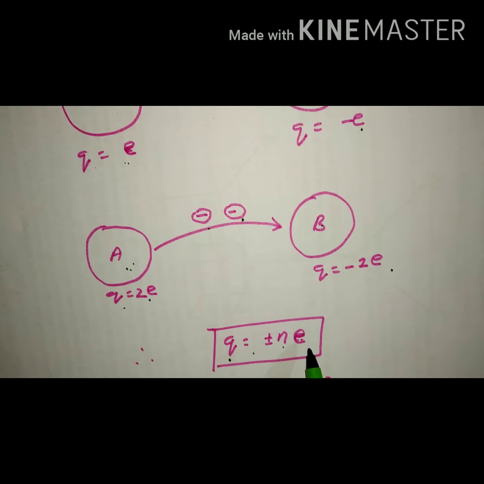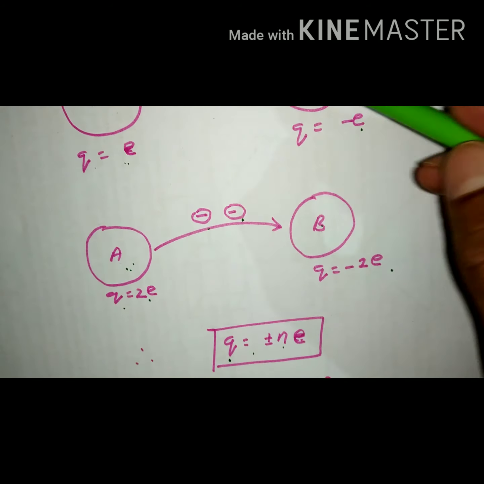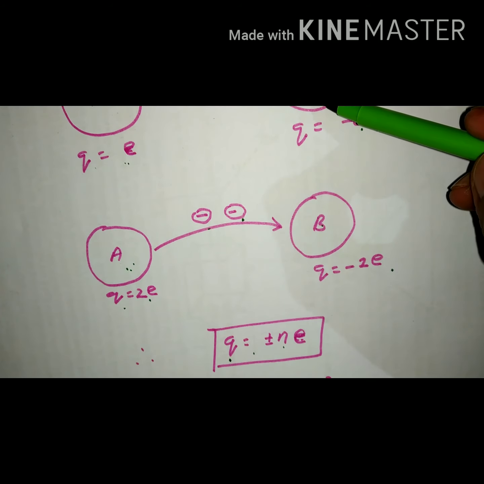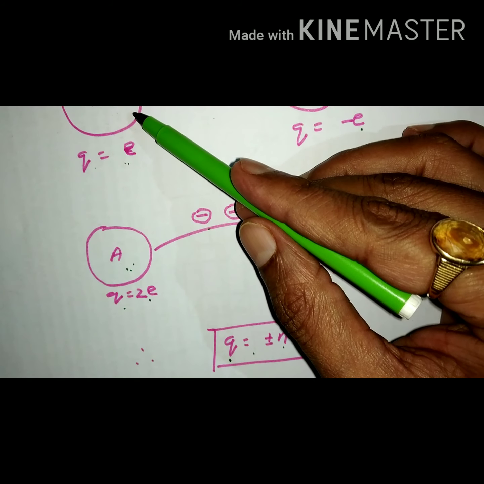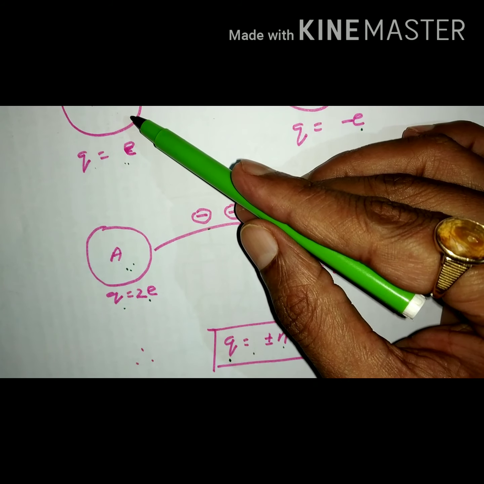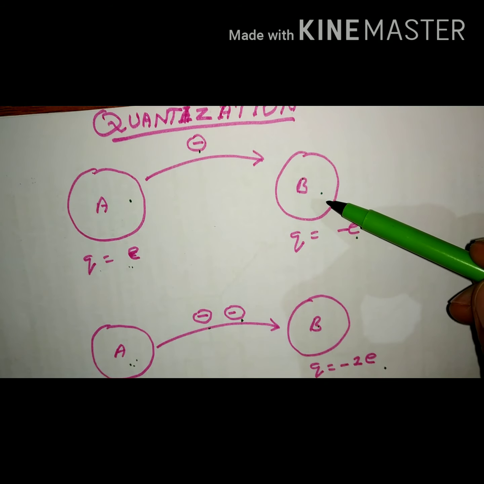The positive and negative nature of the charge depends on which material donates the electron and which material receives it. The material that donates the electron loses it and becomes positively charged, and the material that receives the electron becomes negatively charged.